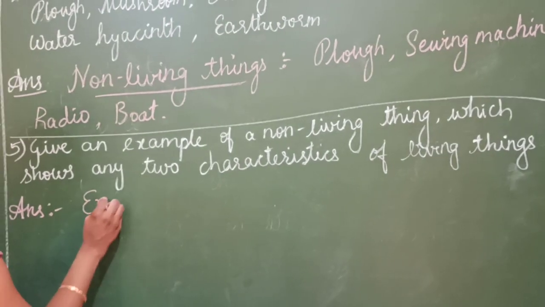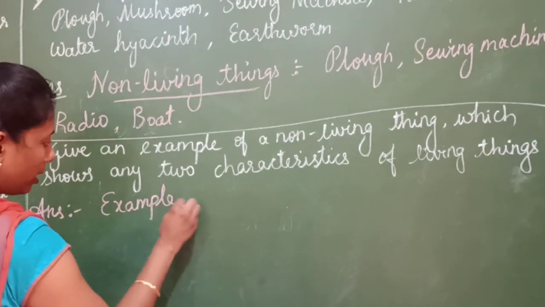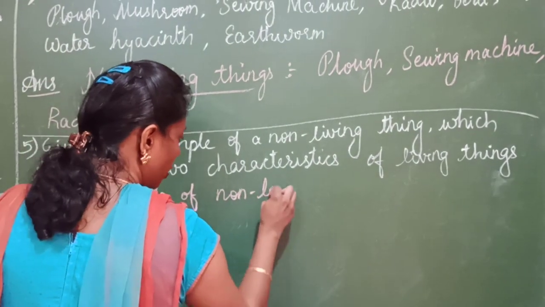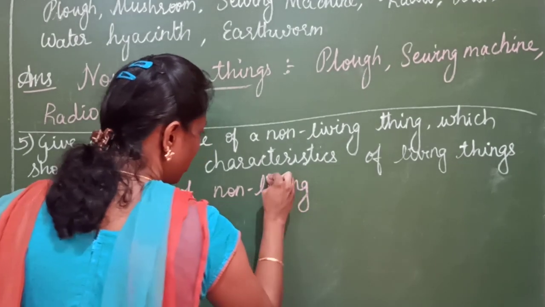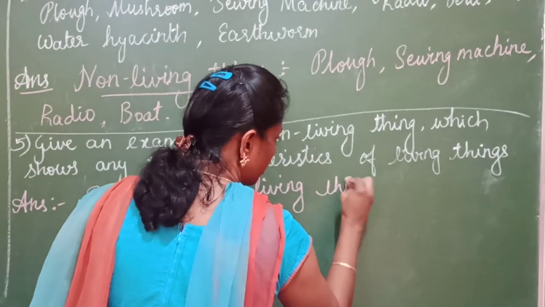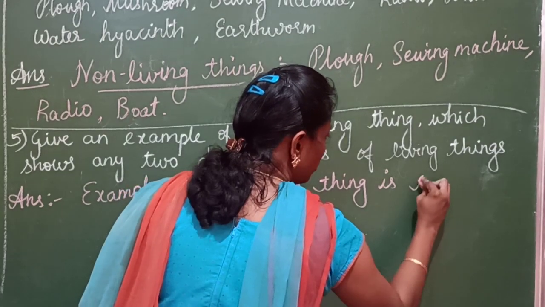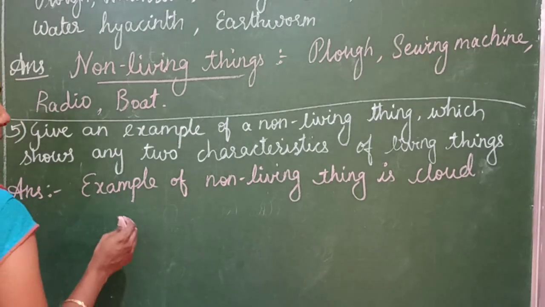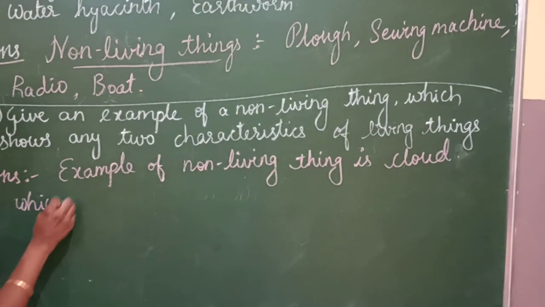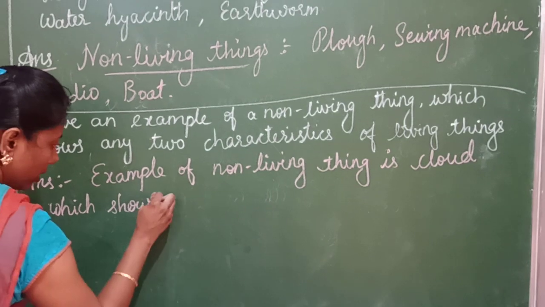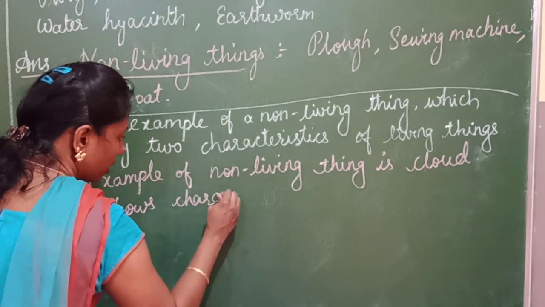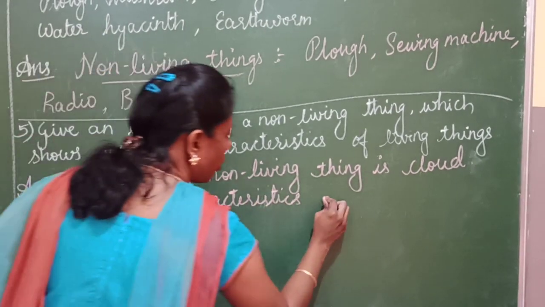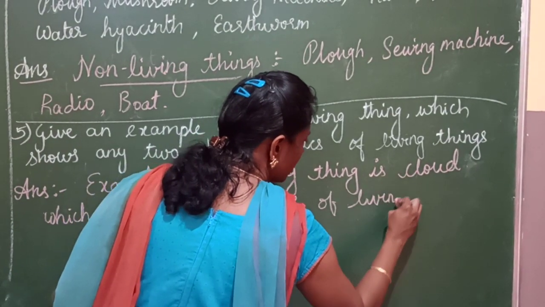Example of non-living thing is cloud, which shows characteristics of living things.